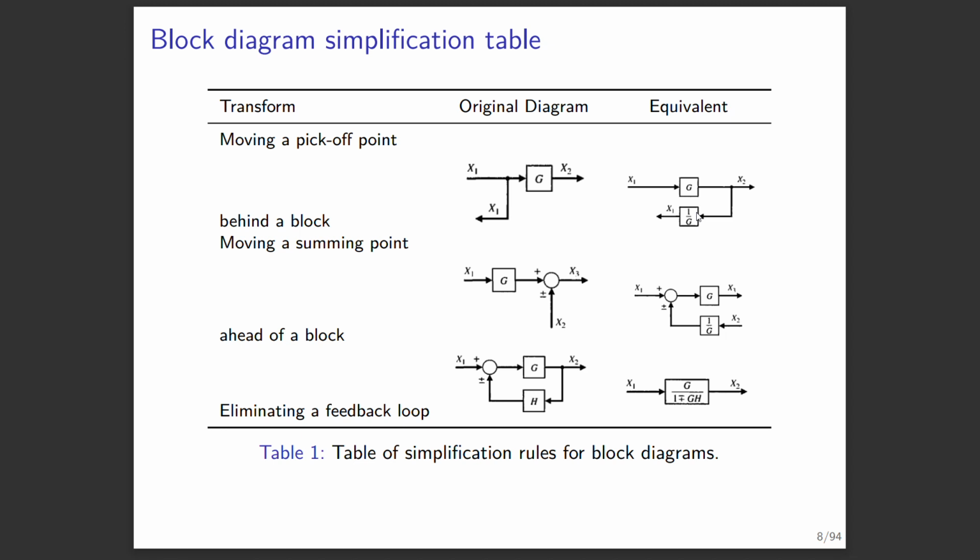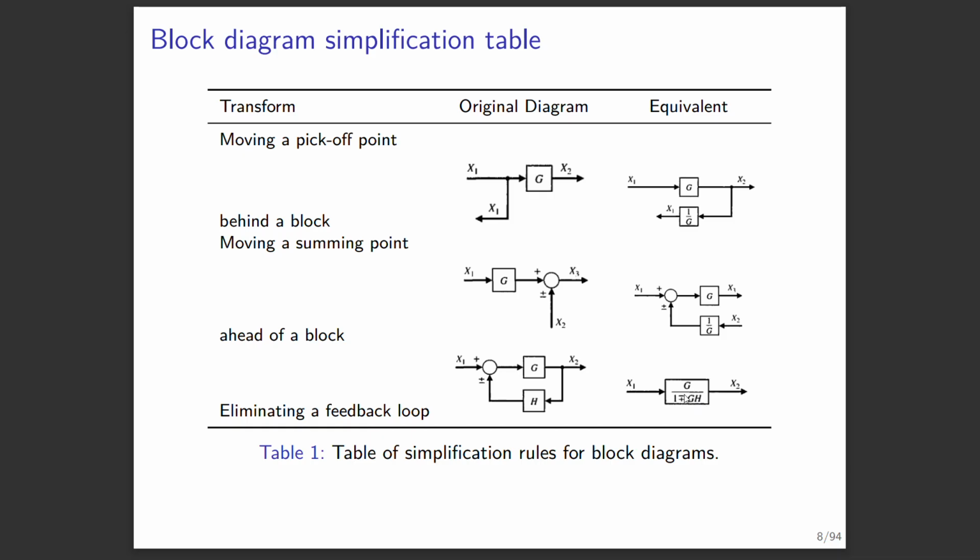A very important, probably the most important one, is feedback. I recommend you to memorize this. If we have two blocks, G and H, where H is in feedback with G, the simplified form would be G divided by either 1 plus GH or 1 minus GH.